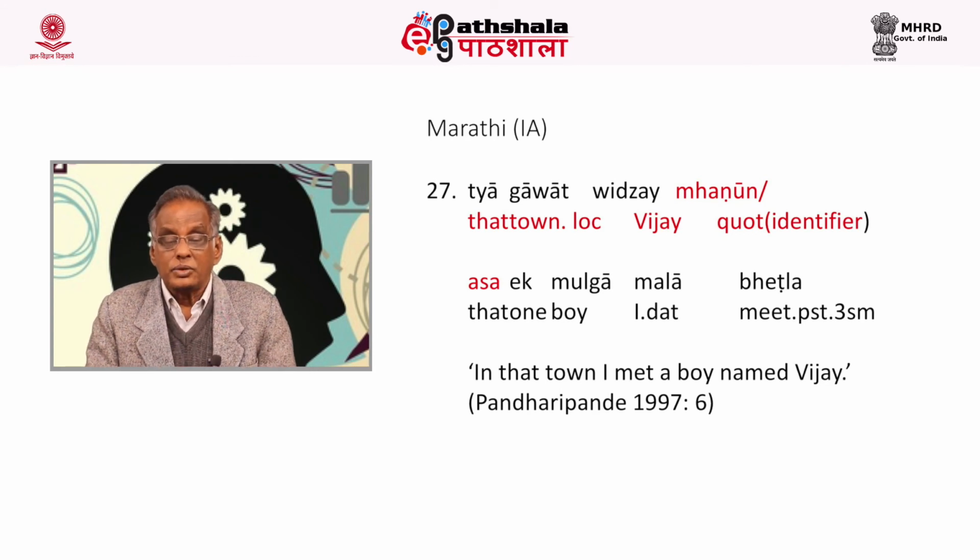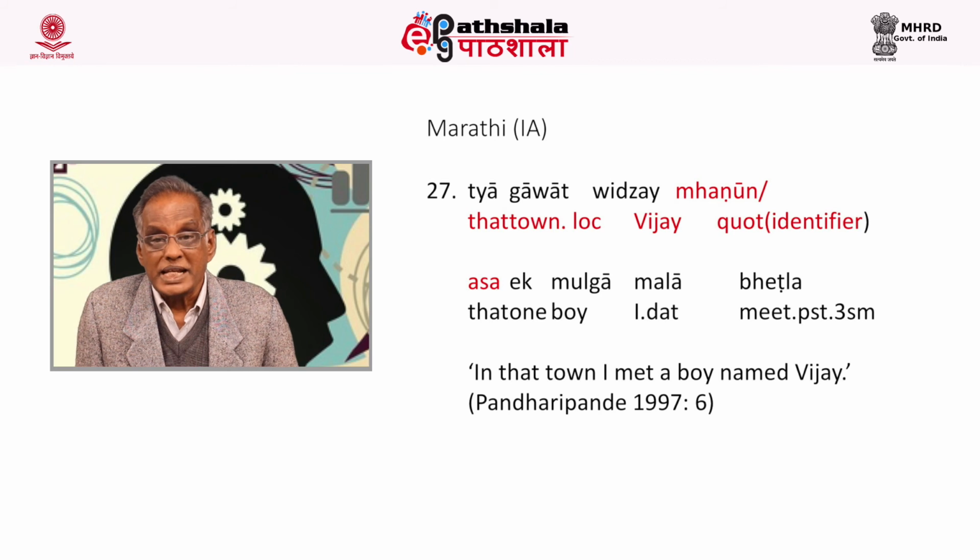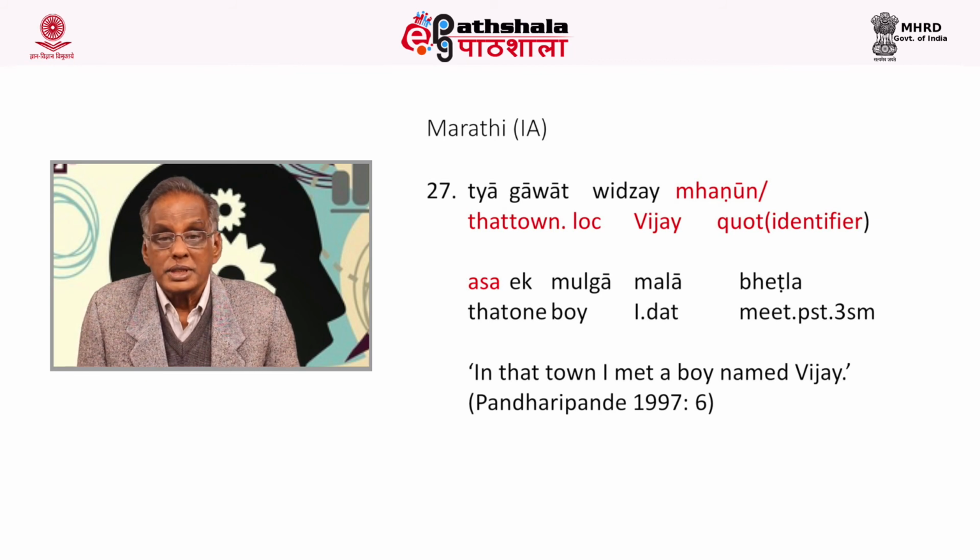So since the quotative comes from the verb to say, Marathi uses the verb mhan, and un is the conjunctive participle marker. You have in 27, त्या गावात विजय म्हणून असा एक मुलगा मला भेटला.